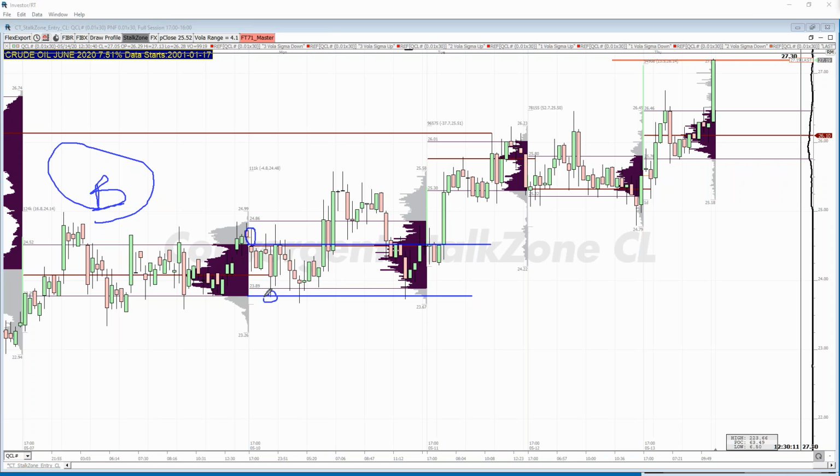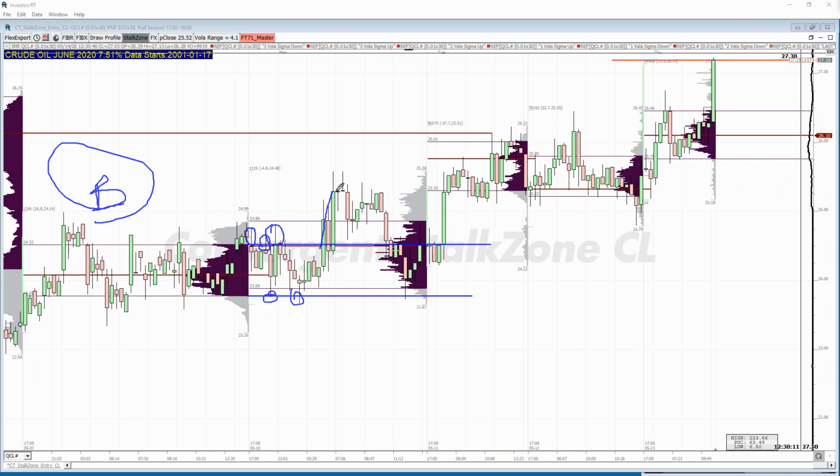You can see it pushed through by a couple ticks down here, and 15, 20 ticks up here, and it just keeps coming back, tests it from below, and it finally breaks out. So now we're looking at balance moving into imbalance.